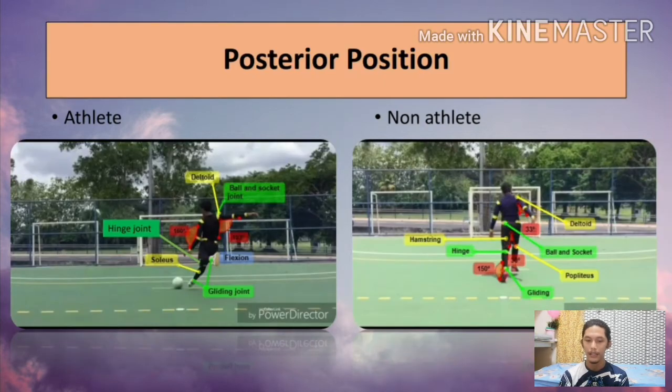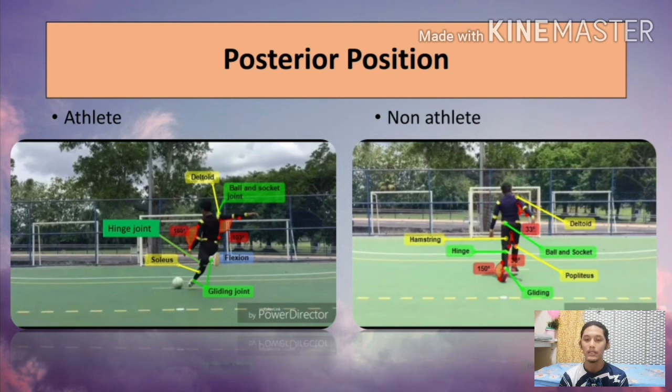Next is the posterior position. For the posterior position, the angle of the armpit for the athlete is more compared to the non-athlete because the position of the athlete is more stable when the athlete runs to kick the ball, while the position of the non-athlete is not stable.